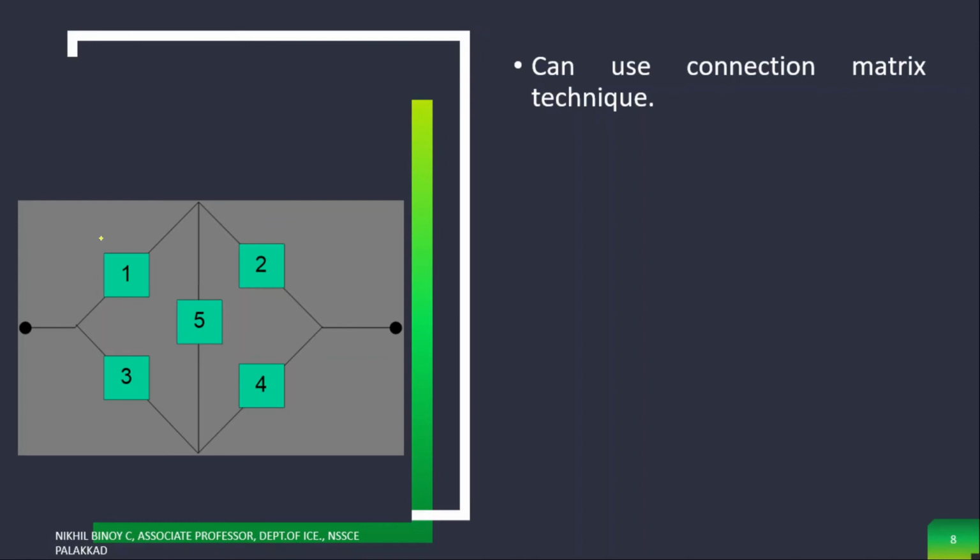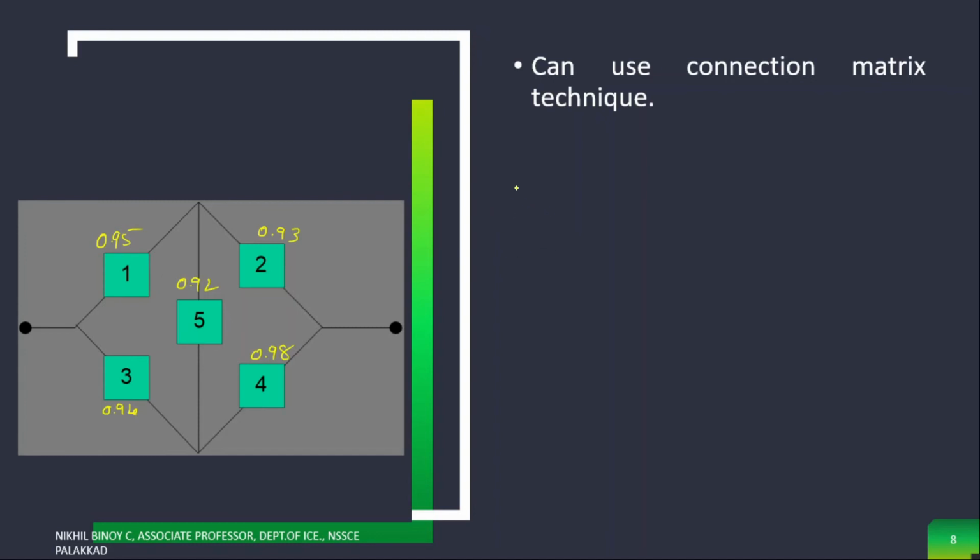Take these as 0.95, 0.92, 0.93, 0.94, and 0.98, and find the system reliability. You can use any one method. First one is by using the parallel path method.